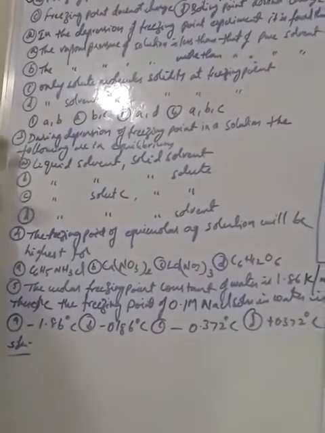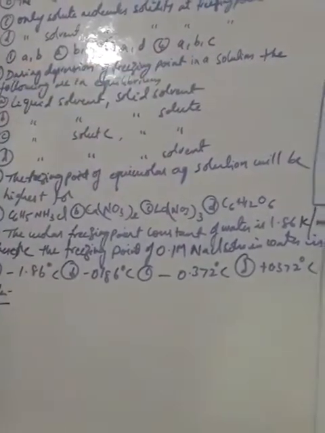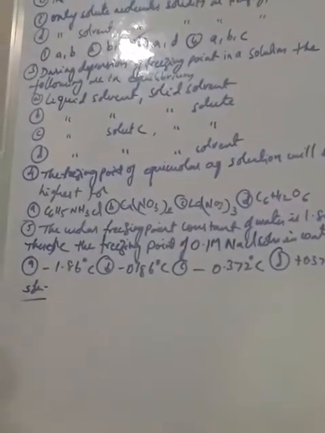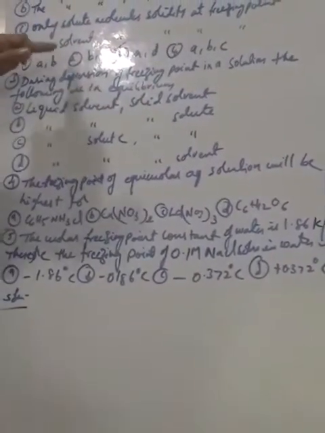Next, the third one. During depression of freezing point in a solution, the following are in equilibrium. Already here one point is there: only solvent molecules get solidified at freezing point.